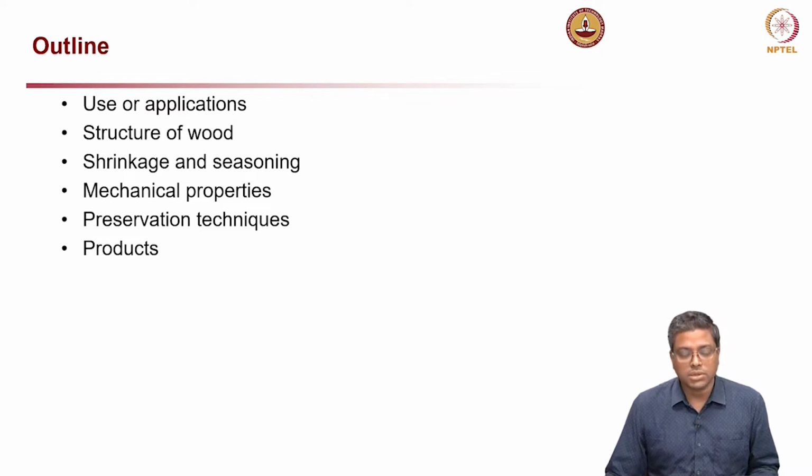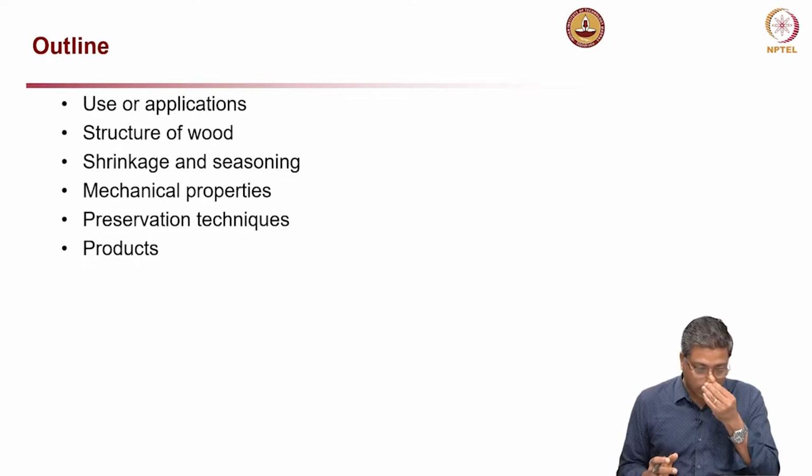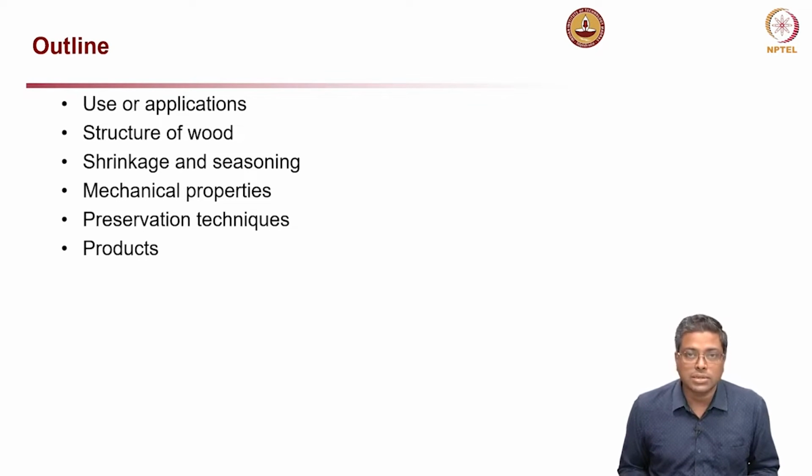One of the methods is seasoning. Then we look at the mechanical properties of wood, and also very briefly at preservation techniques. A couple of products we will also look at, and even when we talk about those products, the damage mechanisms etc. will also be discussed.